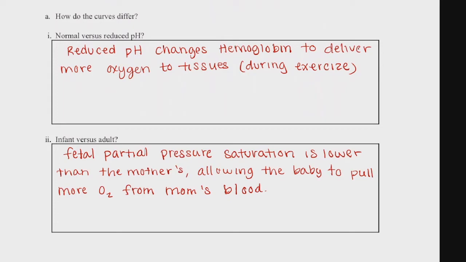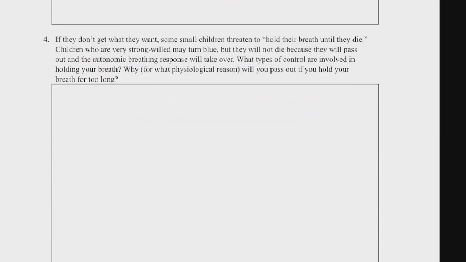Alrighty, and then moving on with this question, what would happen if fetal and adult hemoglobin had the same affinities for oxygen?